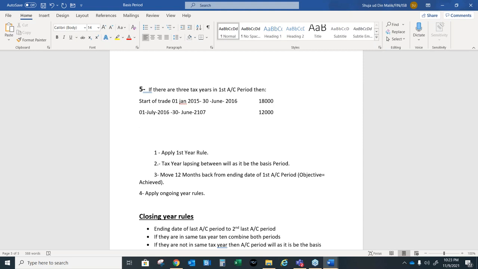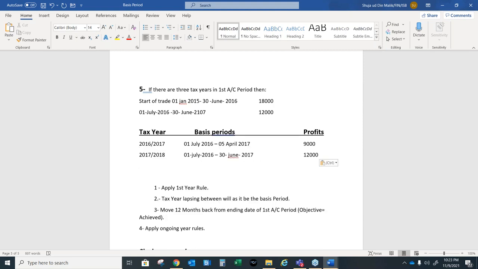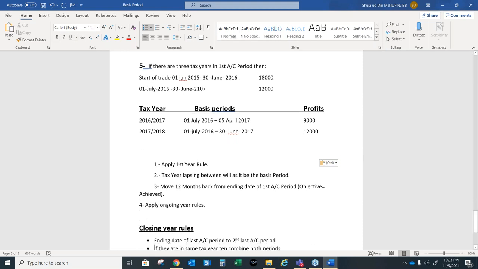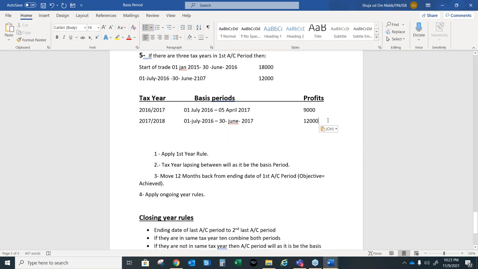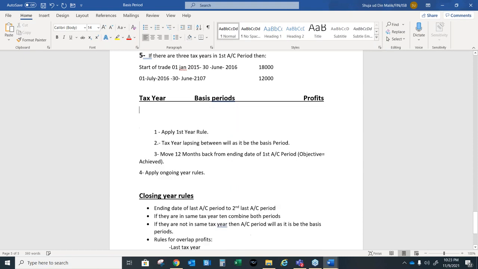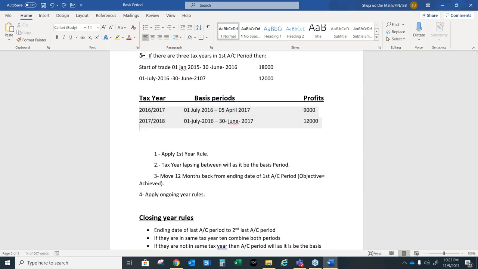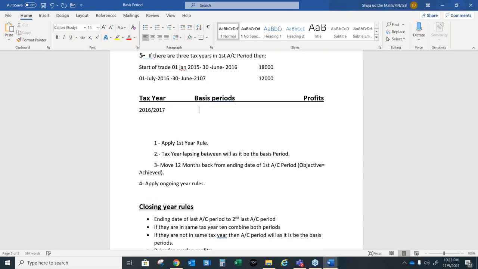Now, if we have to sort this question out, what will be our approach? Again, we will be dissecting this first accounting period to ascertain how many tax years are in the first accounting period and how long is its duration.